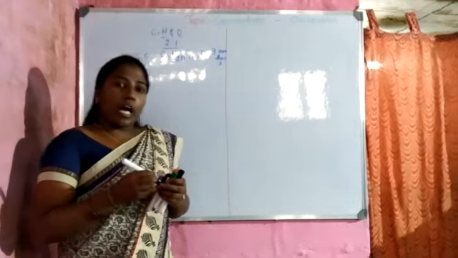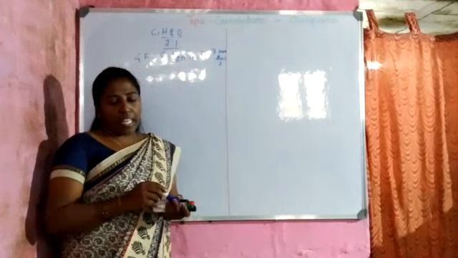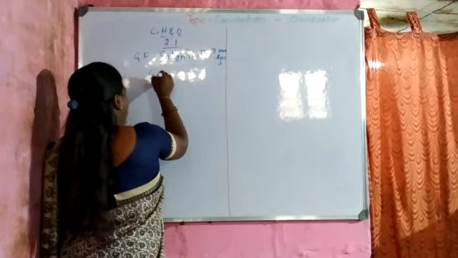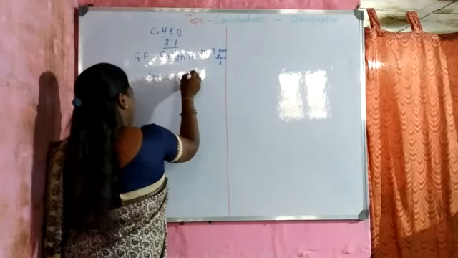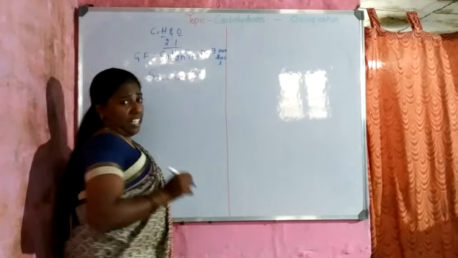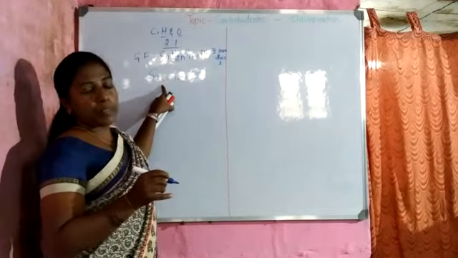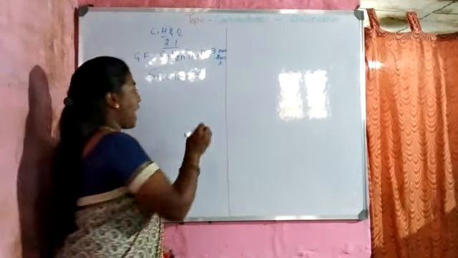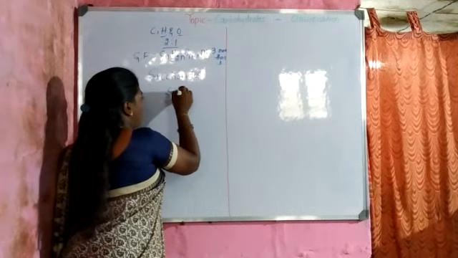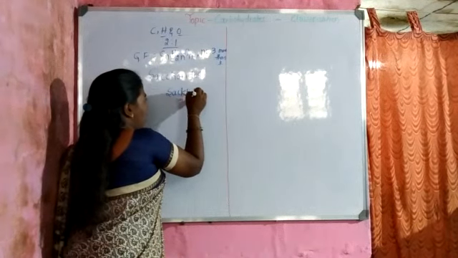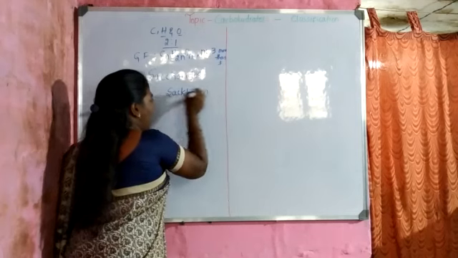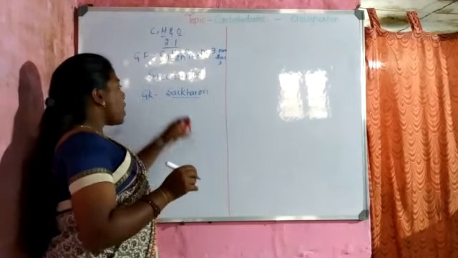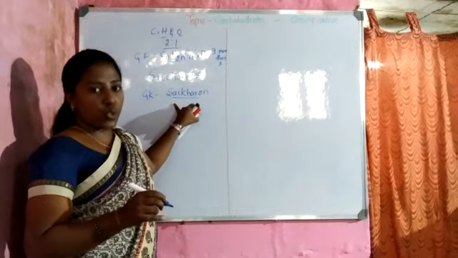These carbohydrates are also called saccharides. Why are they called saccharides? The term saccharide has been derived from the Greek word saccharon, and saccharon means sugar.